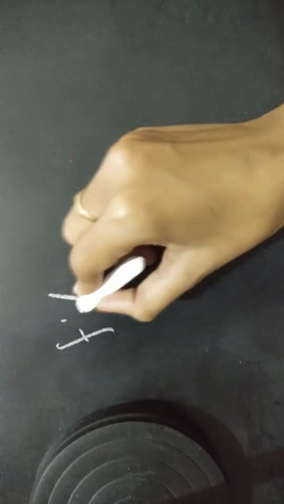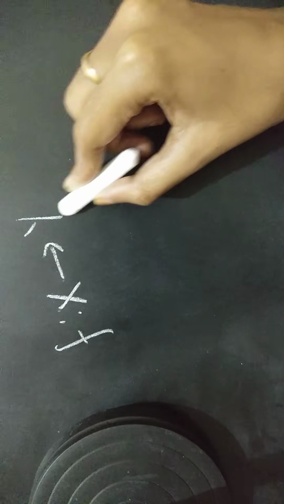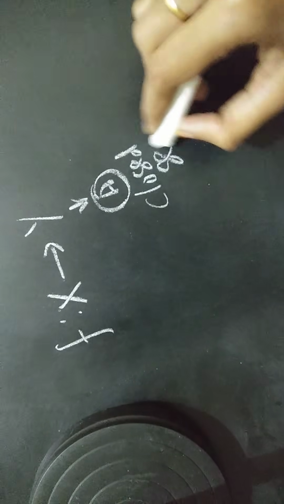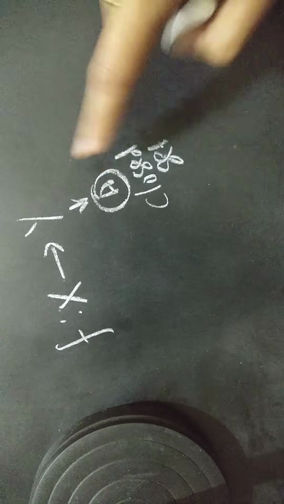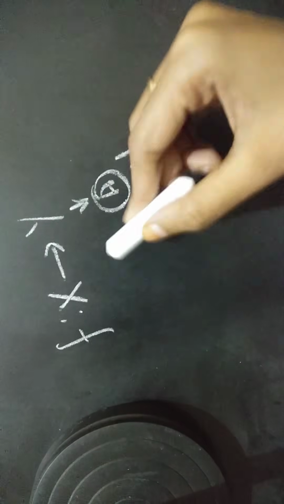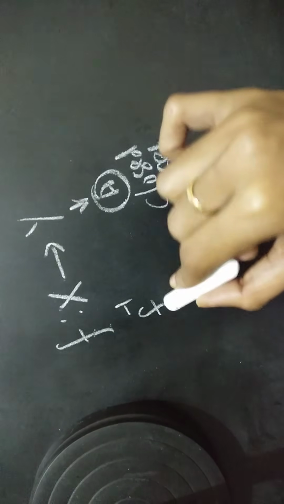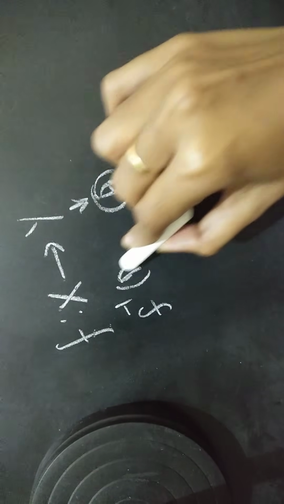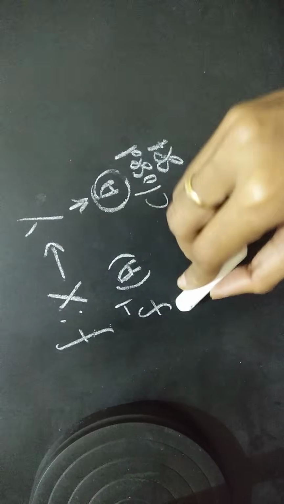If there is a function f from X to Y, to say this f is continuous, you take a closed set from this Y. That is, if you take a closed set A from Y, I will say A is closed in Y. If I take a closed set from Y, the inverse image of this closed set A, which I write as f inverse of A, will be closed in X.